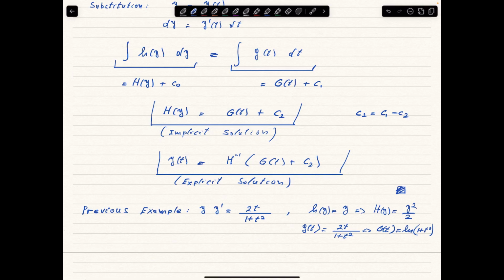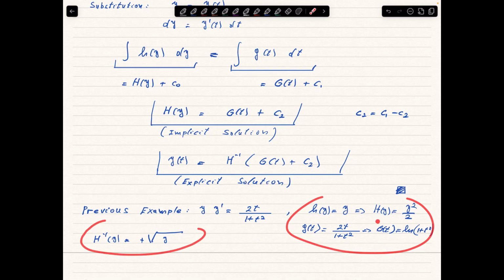And then what is H inverse of y? Well, it was the positive square root of y in this case because of the initial conditions. So that's why with all these functions we constructed the implicit and explicit solution.